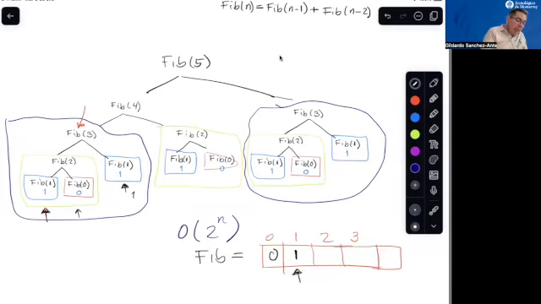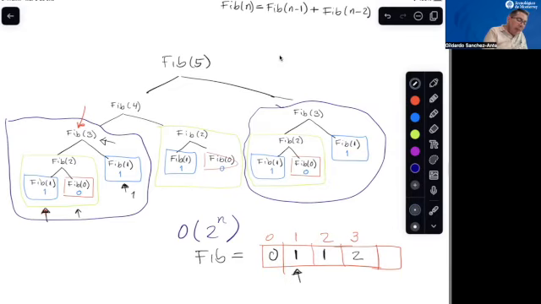And then I can compute the value of 2. The value of 2 is going to be the addition of 1 and 0, which is 1. So I will put it here. And then when I go here to compute the Fibonacci of 3, I will add the 1 here, the 1 there, and this is going to be a 2.